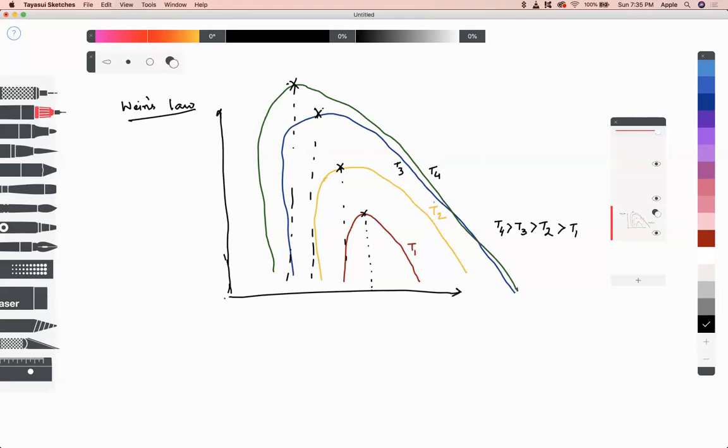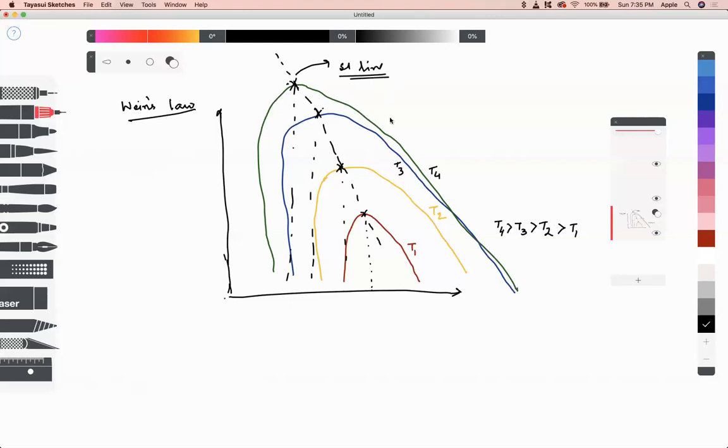The interesting fact is that if you obtain a proper graph, then all these points will fall on a straight line. And this is what Wien's displacement law tells you.